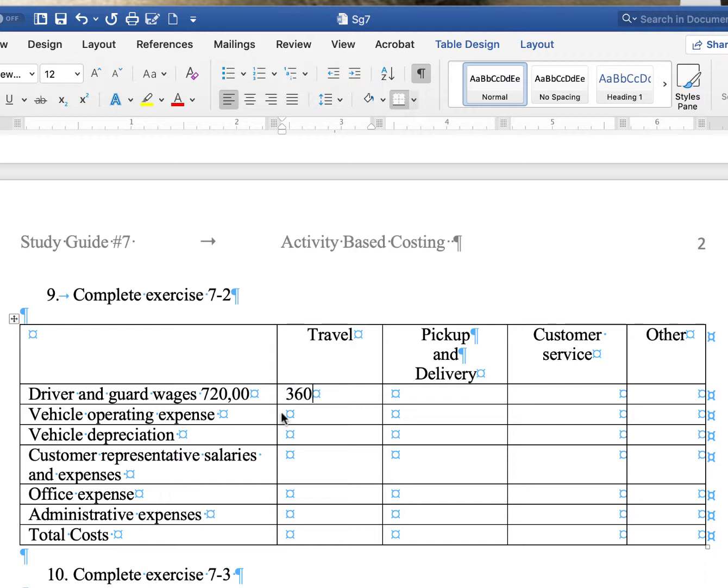That's $360,000. Pickup and delivery is 35%, meaning pickup and delivery consumes 35% of driver and guard wages. So we take the $720,000 times that 35%. That gives us $252,000. We do the same thing for customer service.